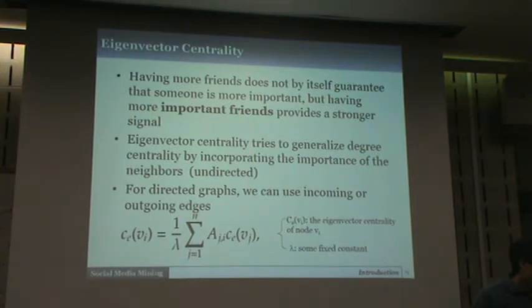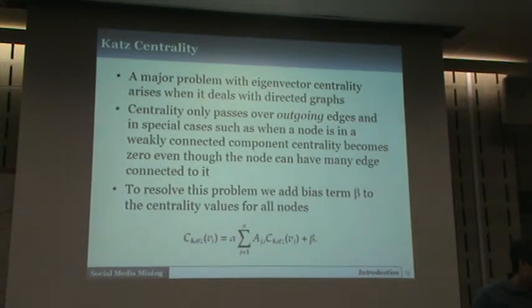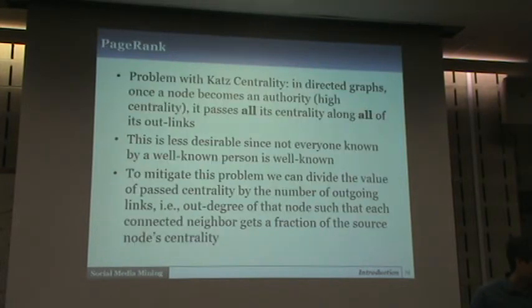Also, we can consider eigenvector centrality. I do not know much about Katz centrality, but if you are interested in centrality analysis, you can study more. PageRank is another popular way to measure the centrality. Okay.